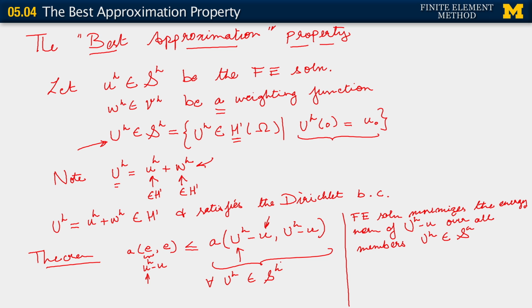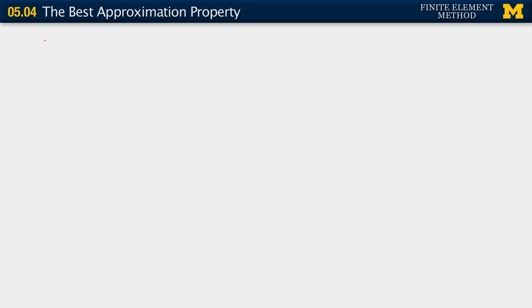All right, you're going to set about proving it. To prove it, let us first consider the energy norm of a slightly different function. I want to consider the energy norm of E plus WH. Right? Now we know how to expand this out. We get a result which works just like the expansion of a perfect square.